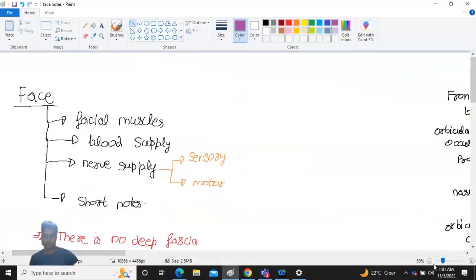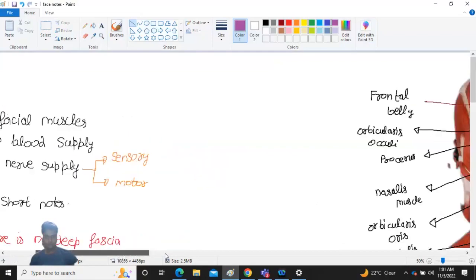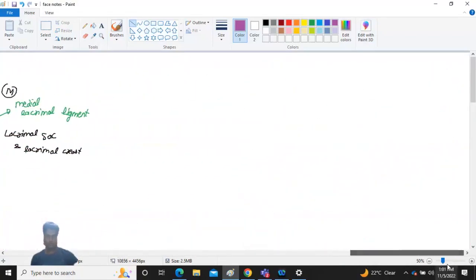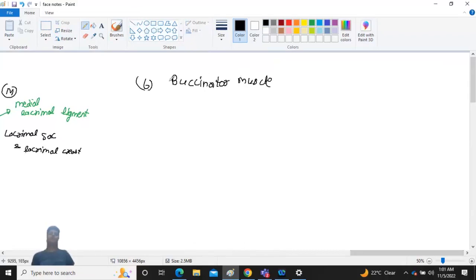Now another muscle is the buccinator muscle. Next muscle is buccinator. It again has three parts: upper, middle, and lower. So let's say we draw the skull region.